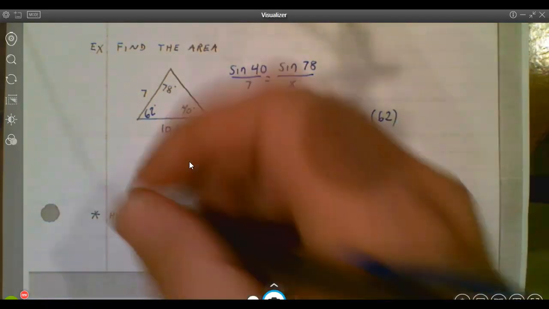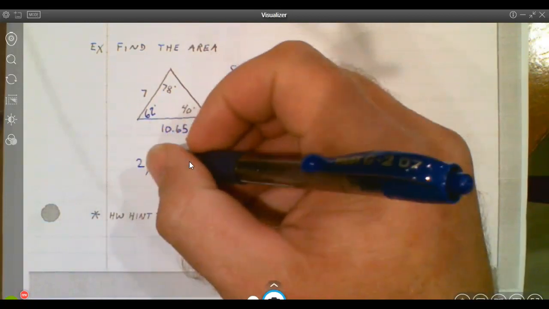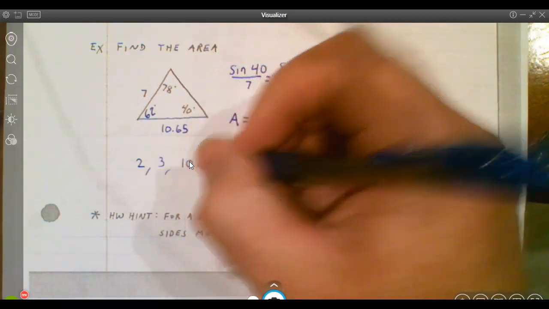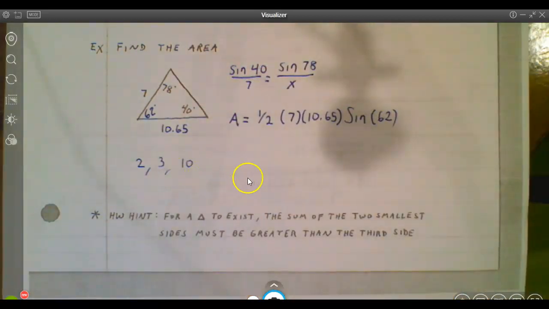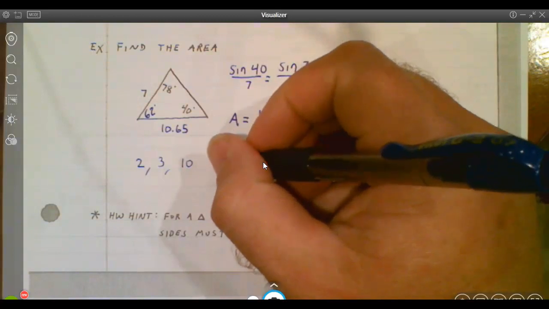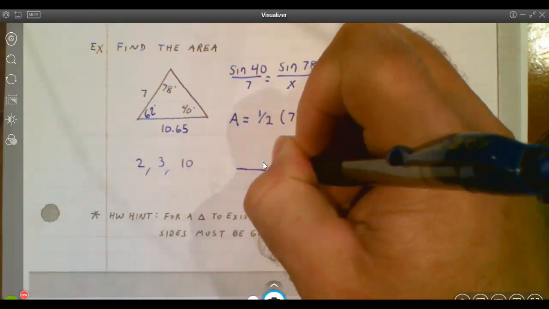Let me give you an example. This is something you covered in geometry, but let's say I had sides that were 2 centimeters, 3 centimeters, and 10 centimeters. You could not build a triangle with those dimensions. The sides would not connect. It wouldn't be long enough. Let me see if I can draw this. Here's my 10.